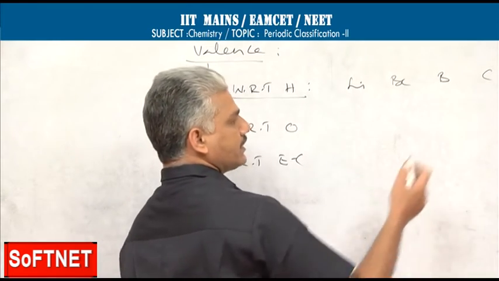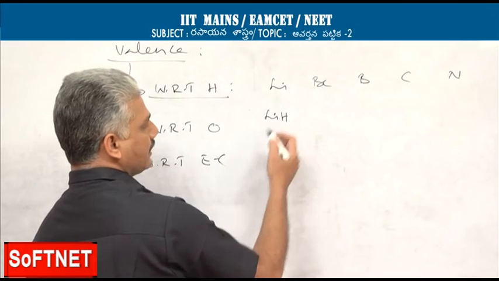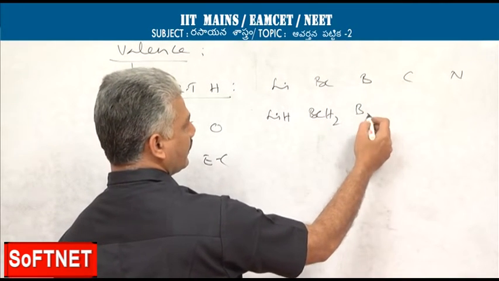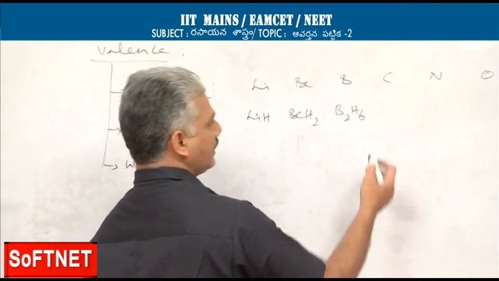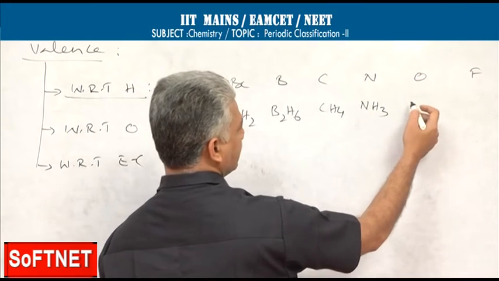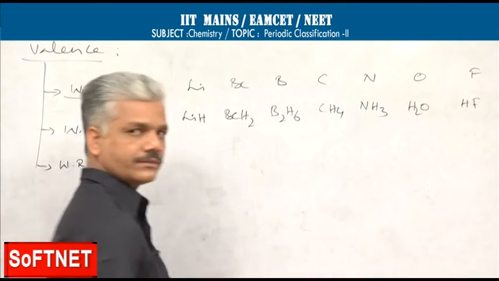When these elements are made to react with hydrogen, lithium gives lithium hydride, beryllium gives beryllium hydride, boron gives diborane, carbon gives methane, nitrogen gives ammonia, oxygen gives water, fluorine gives HF.